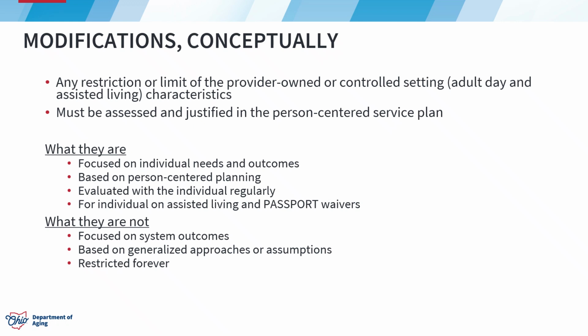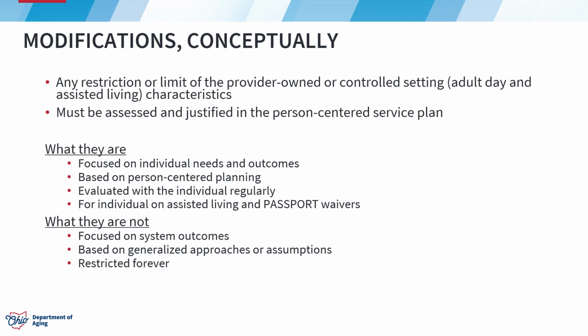So if somebody has, again, a history of seizures, we would not just assume that they don't want to lock their door. We need to follow the steps during the person-centered planning process and the actual development of the plan to ensure that the individual is leading that conversation and that it is person-centered as it relates to any modifications.